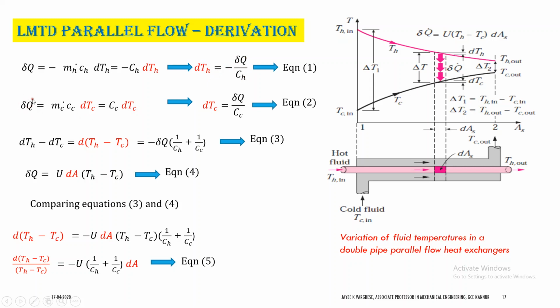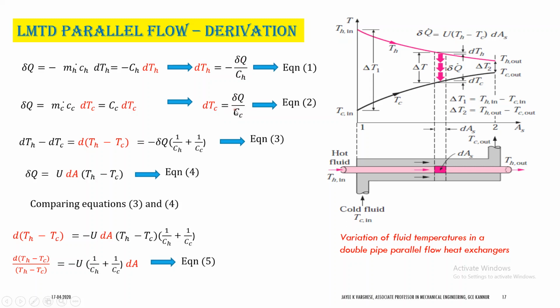Similarly, for the cold fluid, the same delta Q is received by the cold fluid, whose temperature increases. So the energy difference can be represented in terms of mass flow rate into specific heat into dTc, that is equal to Cc into dTc, which will give us dTc can be written as delta Q divided by Cc.